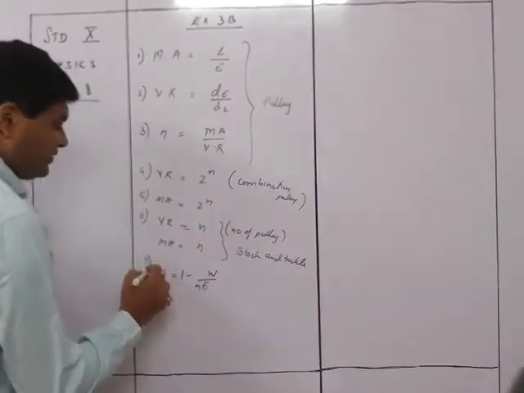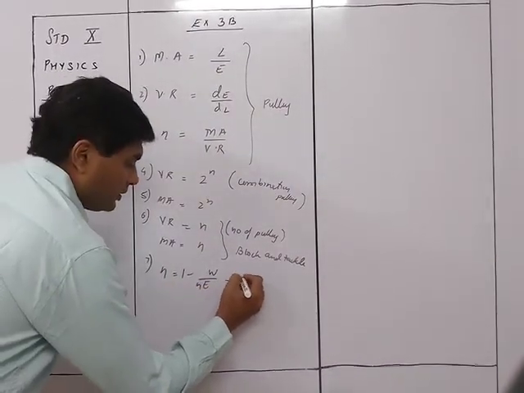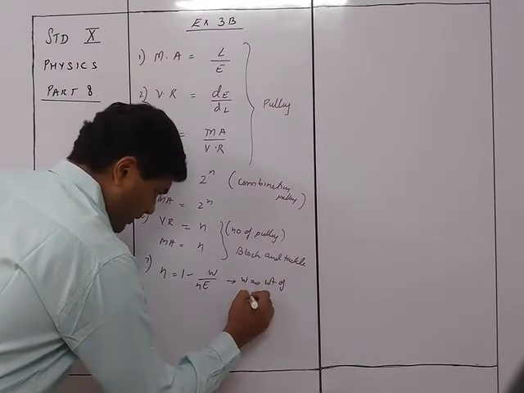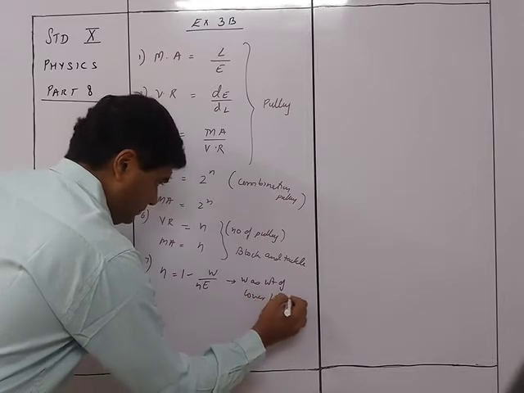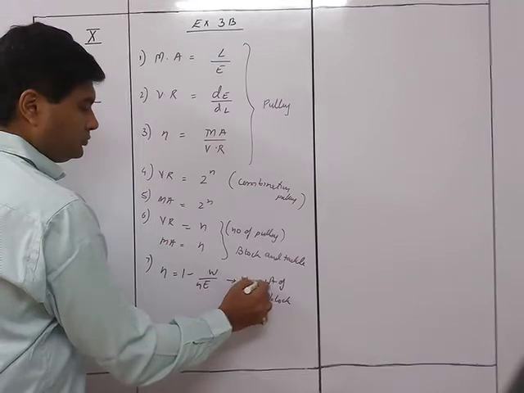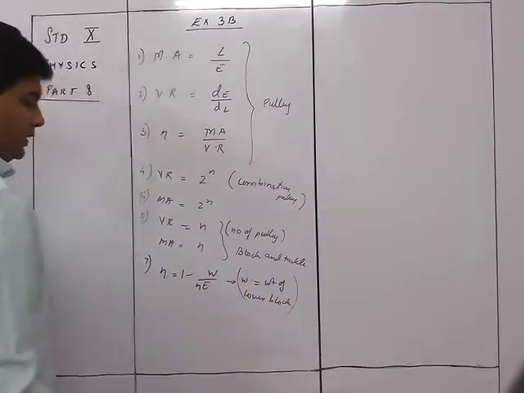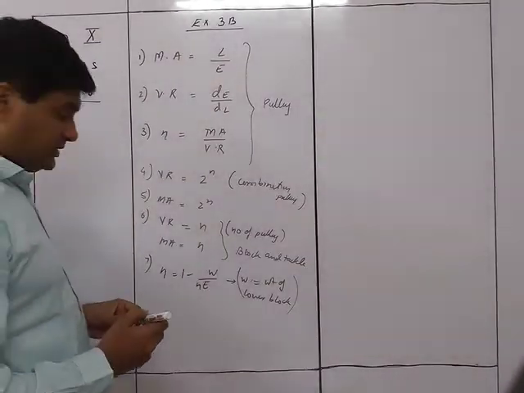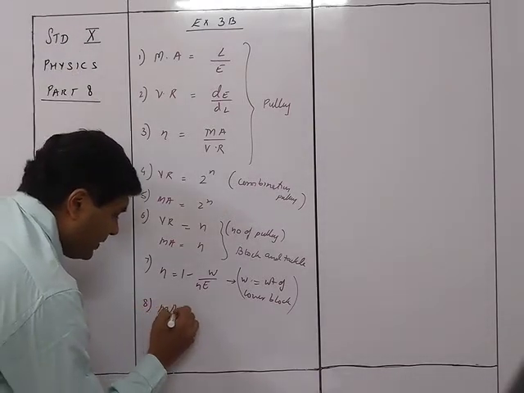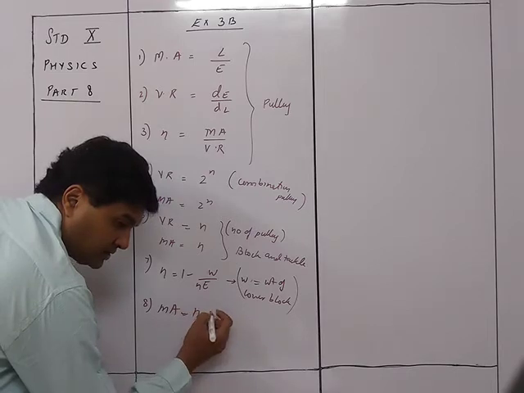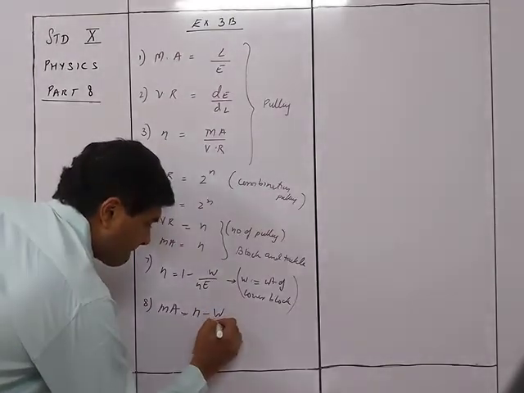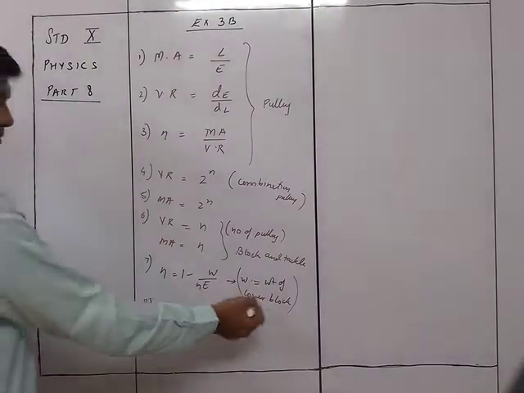W is the weight of the lower block. Then the efficiency is equal to 1 minus W upon NE, and MA will be equal to n minus W upon E. This is for the lower block.